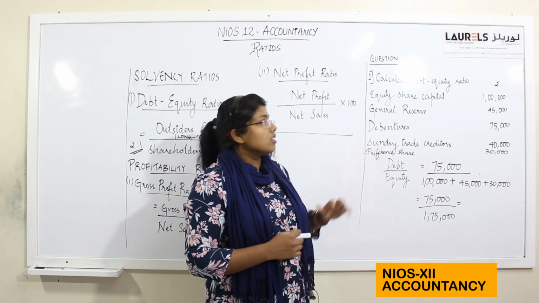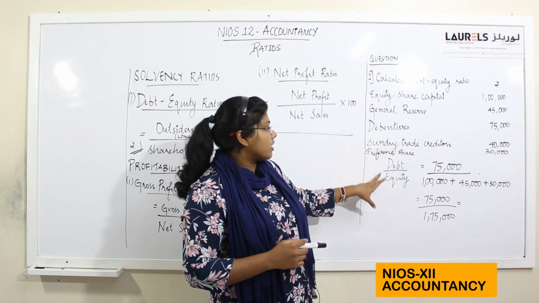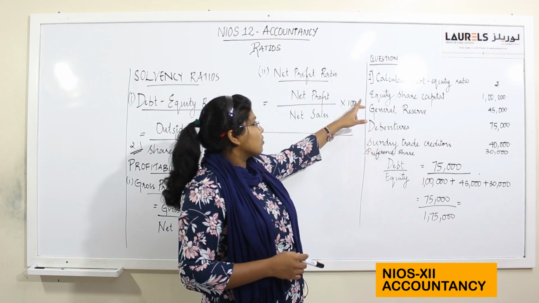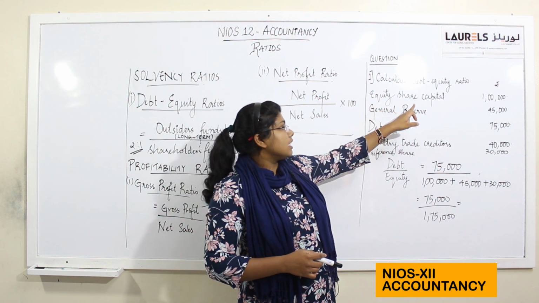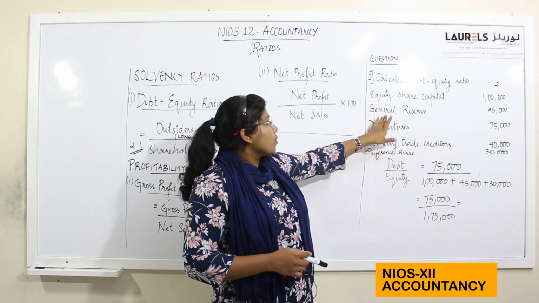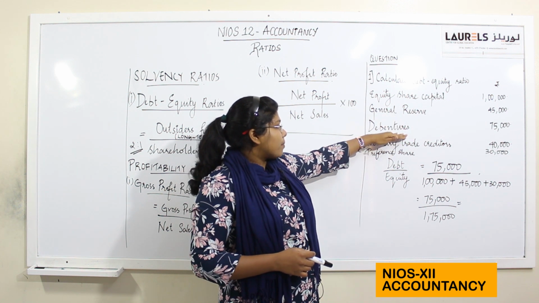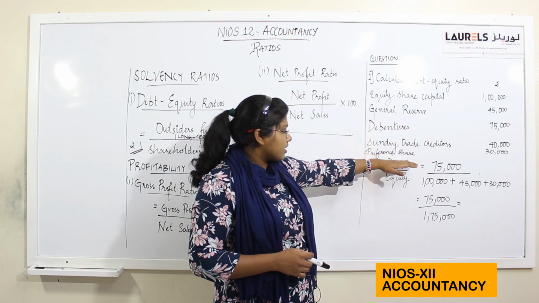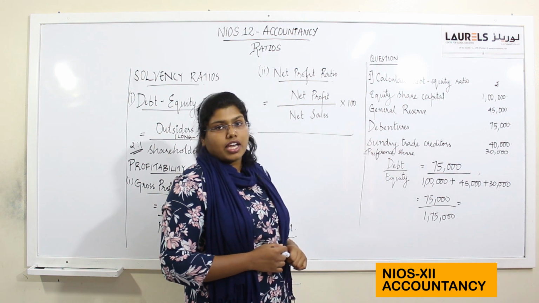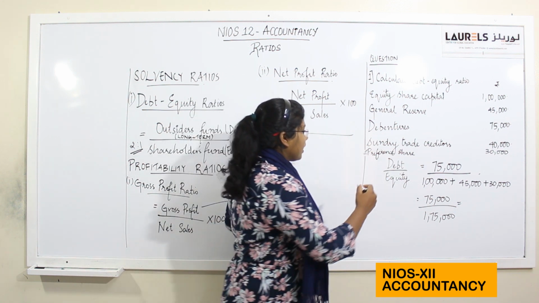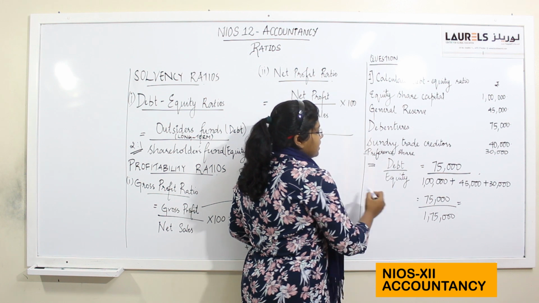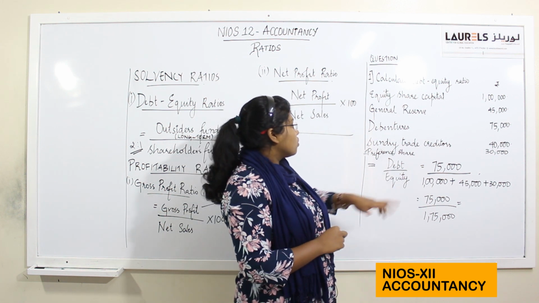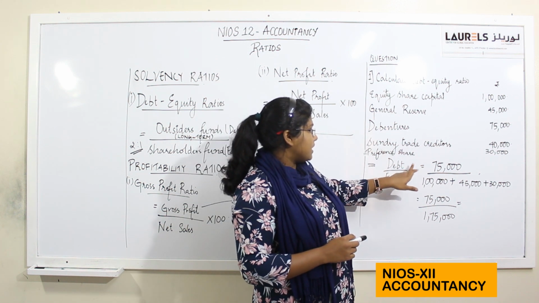Now we will go on to a question relating to debt and equity. As you see, we have the equity share capital, the general reserve, debentures, sundry trade creditors, and preference shares. We need to find our debt to equity ratio. What all includes debt?